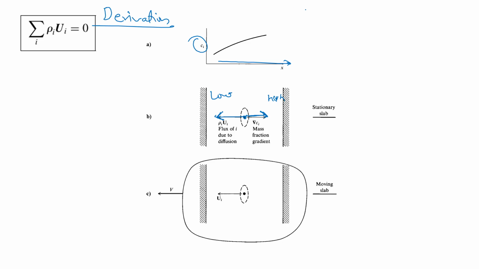And the mass flux of a species i is given by nothing but rho i ui.